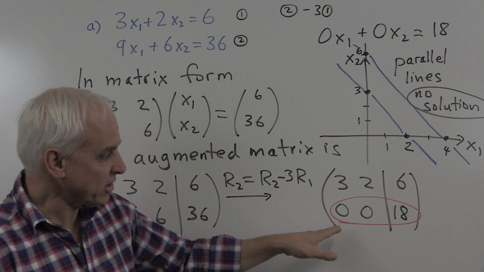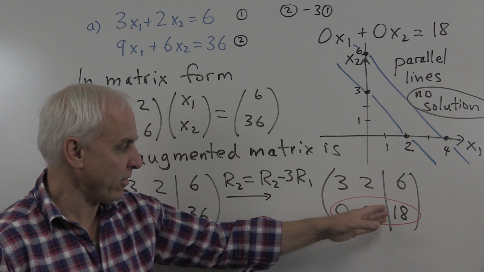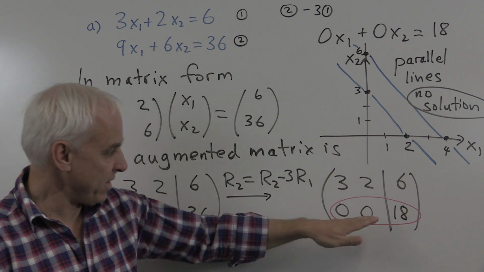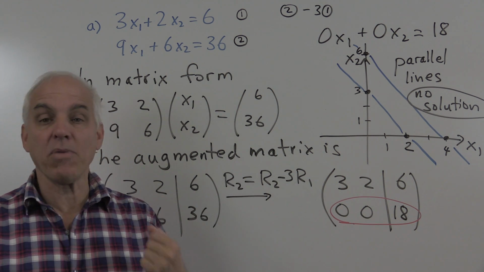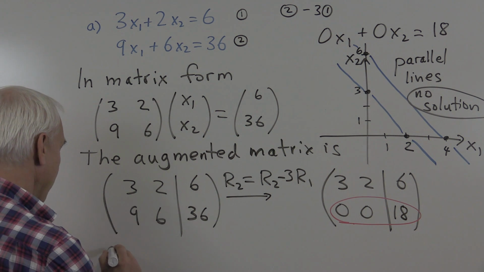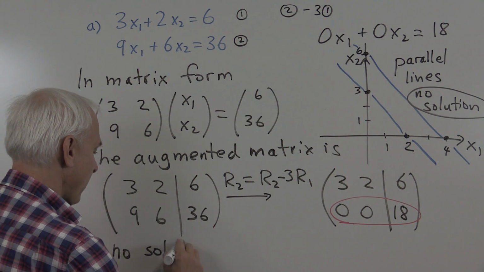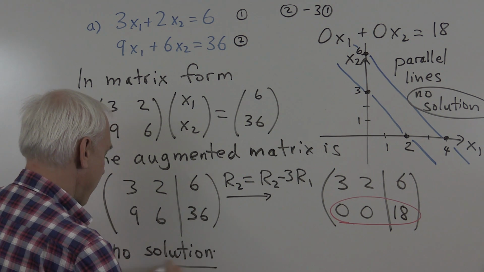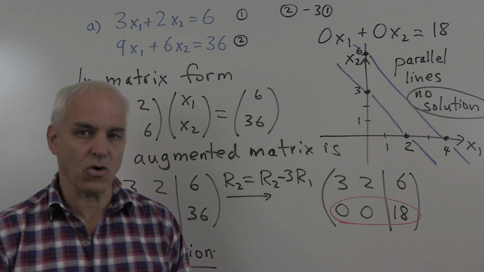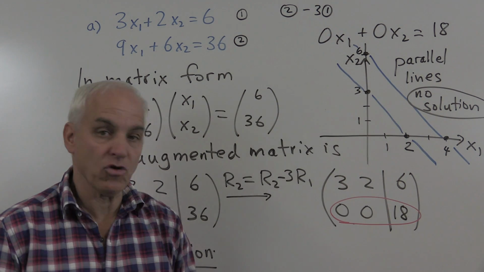And that means that it corresponds to an equation of the form 0x1 plus 0x2 equals something non-zero, namely 18. And from this row, we can see that there cannot possibly be a solution. So we can say no solution from the existence of such a row like this. And again, the reason is because we have these two parallel lines.